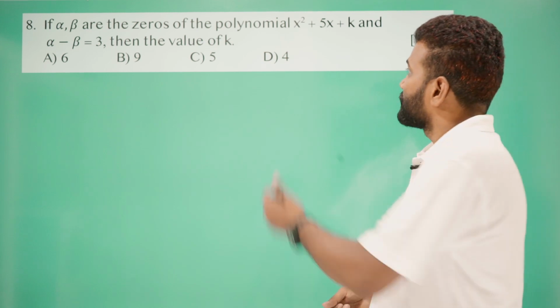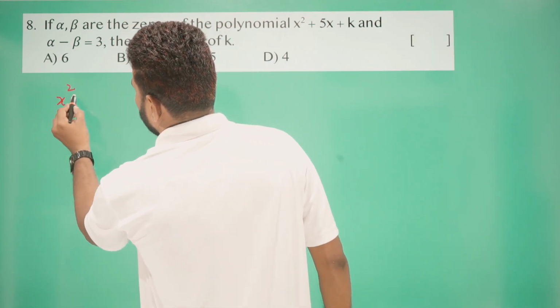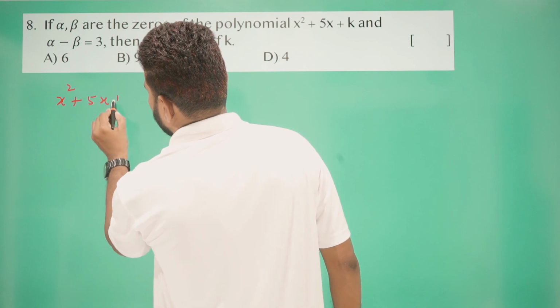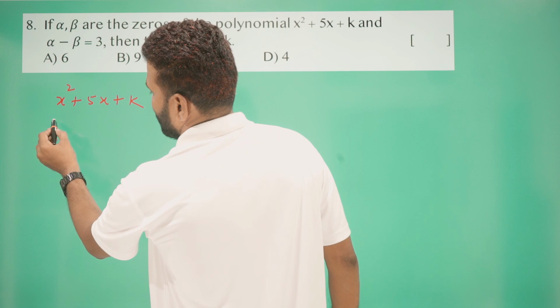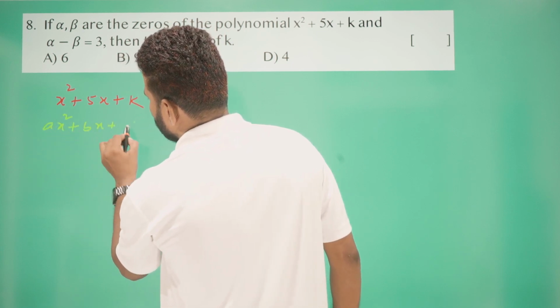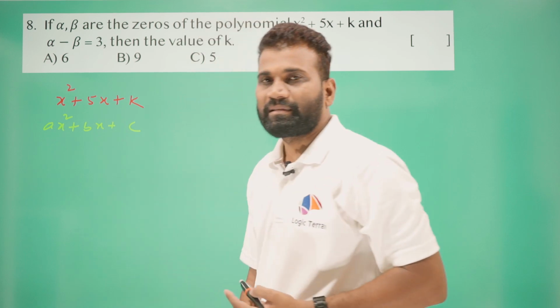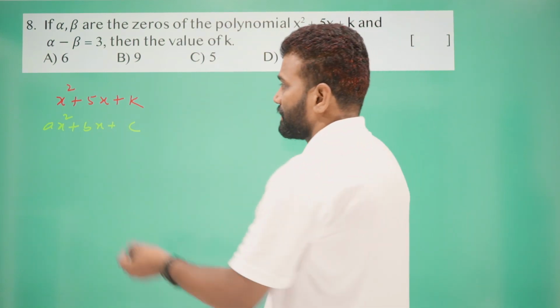Clear? So, let us consider the given polynomial, that is x² + 5x + k. On comparing this polynomial with its general form, that is ax² + bx + c, we have a relation between zeros and coefficients.